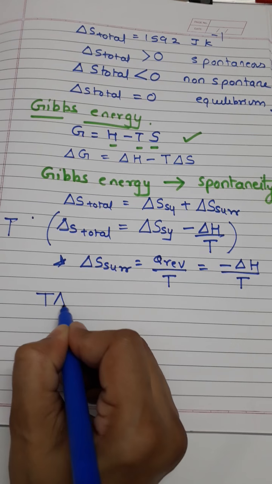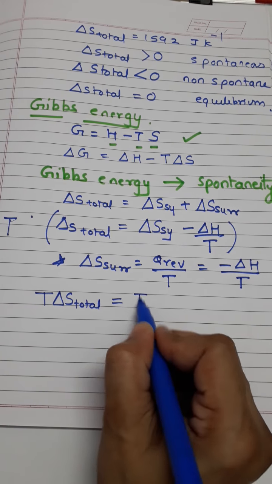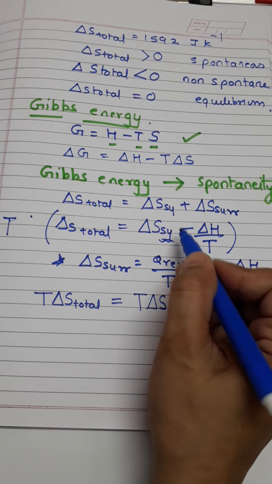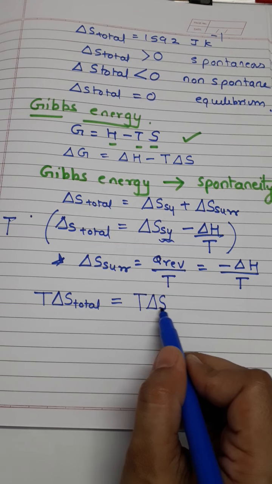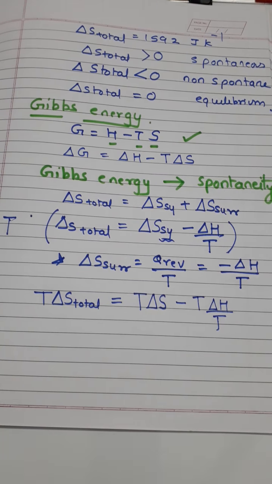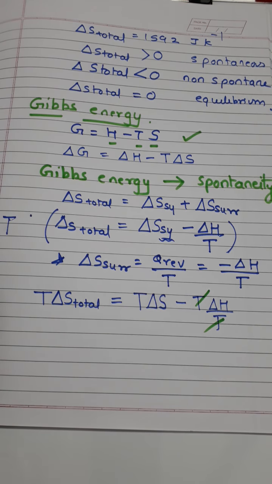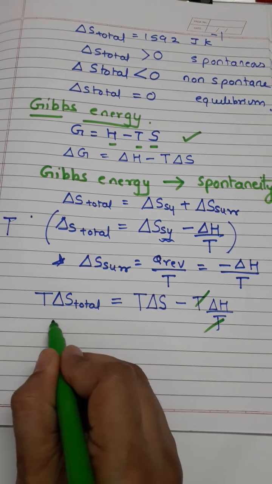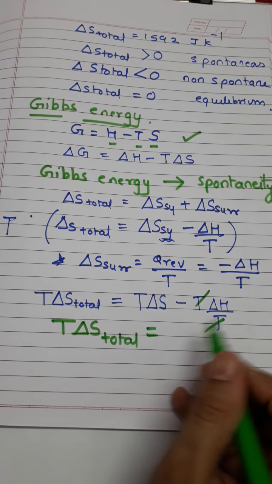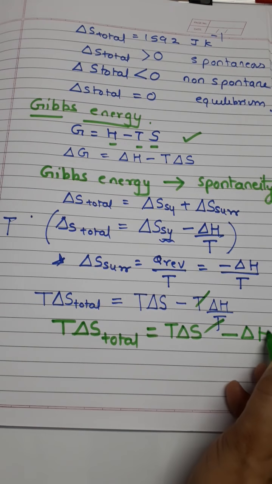T delta S total is equal to T delta S, where delta S system can be written as only delta S also, plus T times minus delta H upon T. Now in this expression the T will get cancelled, so we are getting finally T delta S total is equal to T delta S minus delta H.